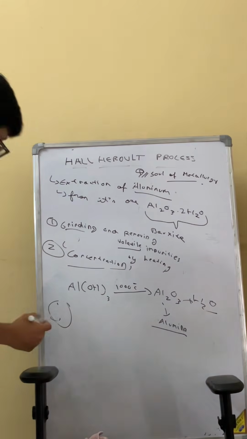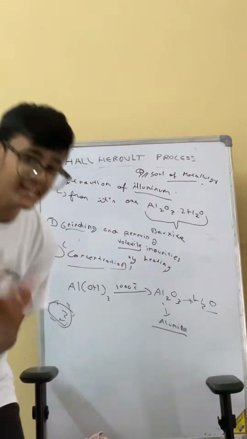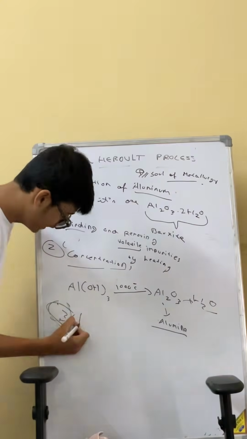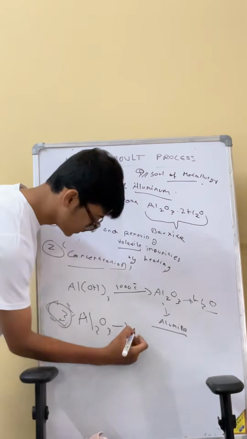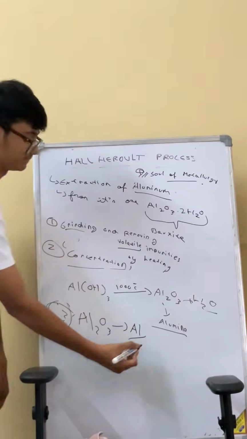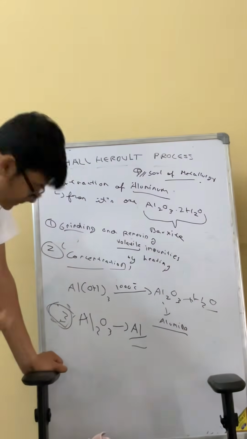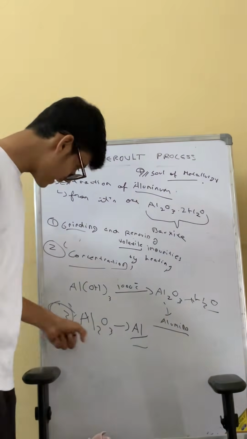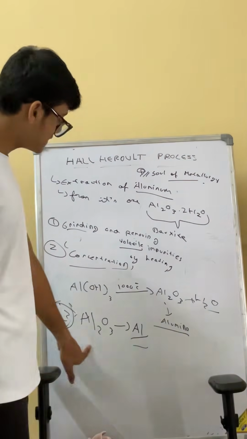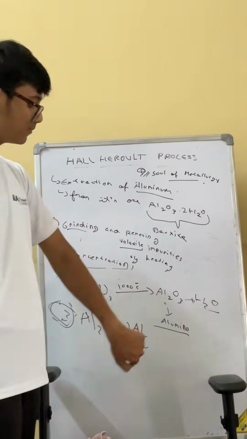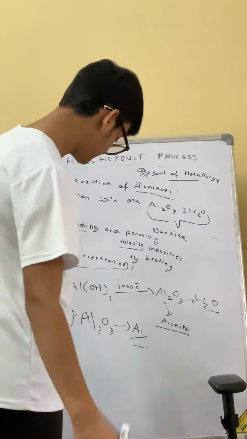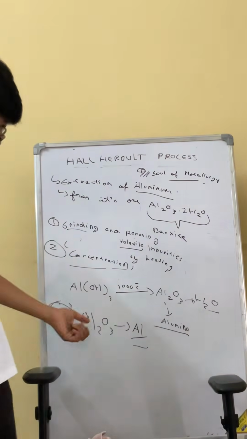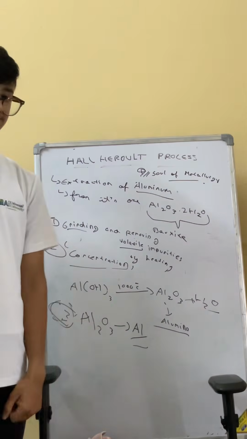Okay, so now the third step, the major step, is basically converting this alumina into pure aluminum. I hope you guys are getting it. So this Al2O3 is converted into pure Al, in what form we'll come to in a bit. But what we have to do is remove oxygen.